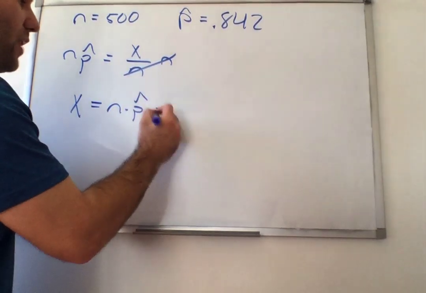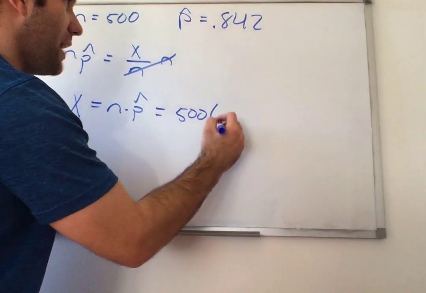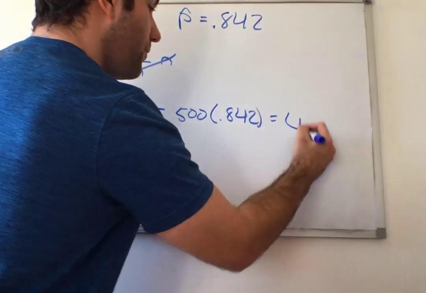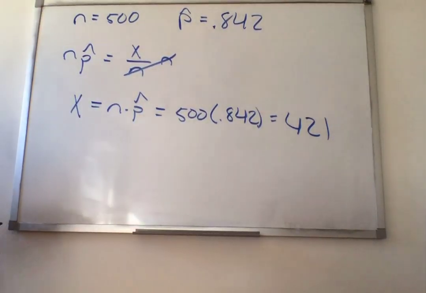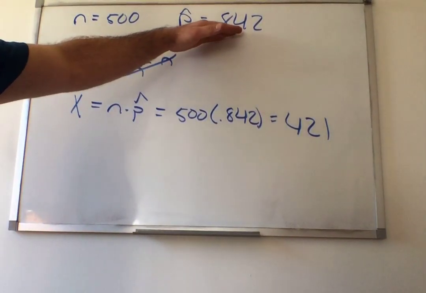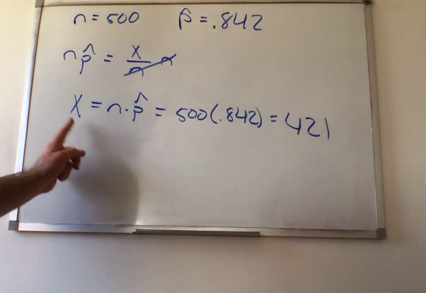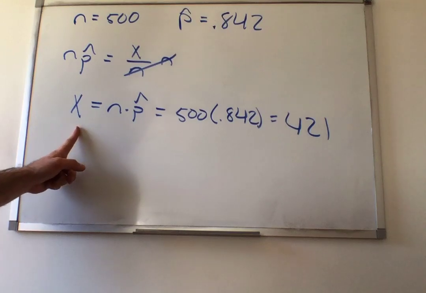Okay? So I could take 500 times 0.842, and that's going to equal 421. So the problem could have been worded where they gave you p hat and say you wanted to use the calculator, you have to find your x value, okay?